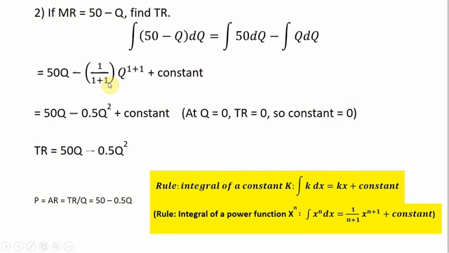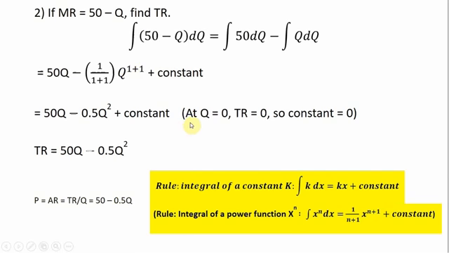So it's n plus 1, where n is 1, so it's 1 plus 1. Now simplifying all of that, 1 divided by 2 is just 1/2. Q raised to 1 plus 1 is just going to be q squared.